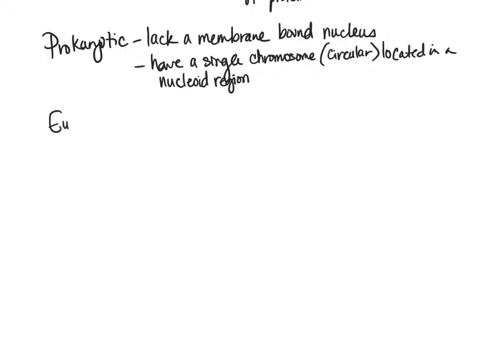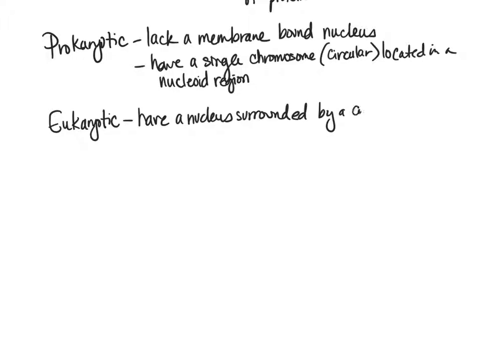So then conversely, if we talk about our eukaryotic cells, again, what we're talking about is that they have a nucleus that is surrounded by a complex membrane. So that's our plasma membrane surrounding our nucleus.